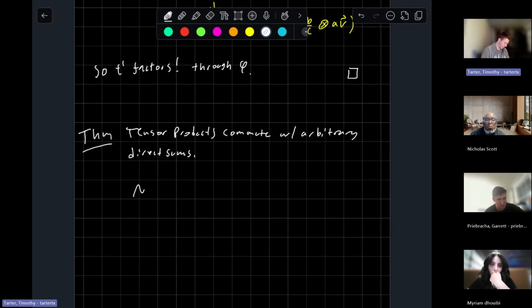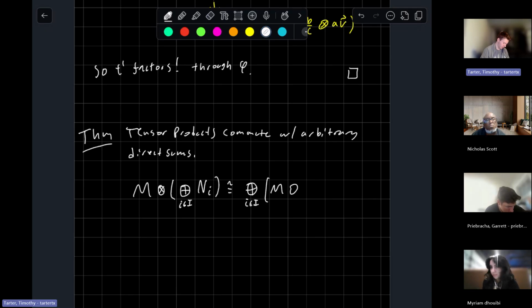And just the way this works is M tensor product of the direct sum over I of N_i is isomorphic to the direct sum over I of M tensor product N_i.